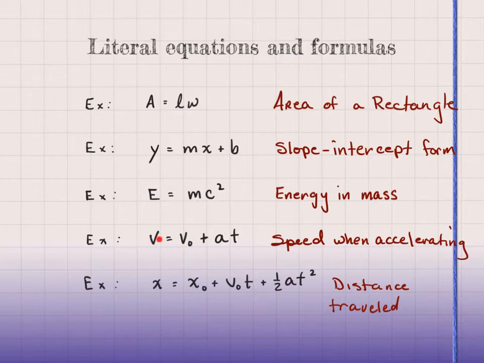If you had freshman physics, which most of you did, you should recognize this one that tells you the velocity of an object after you know its original velocity plus the acceleration times the time it's been accelerating. And this is also another physics formula that tells you how far you've traveled, if you know where you started, how fast you started at, and your acceleration and how long you've been traveling.